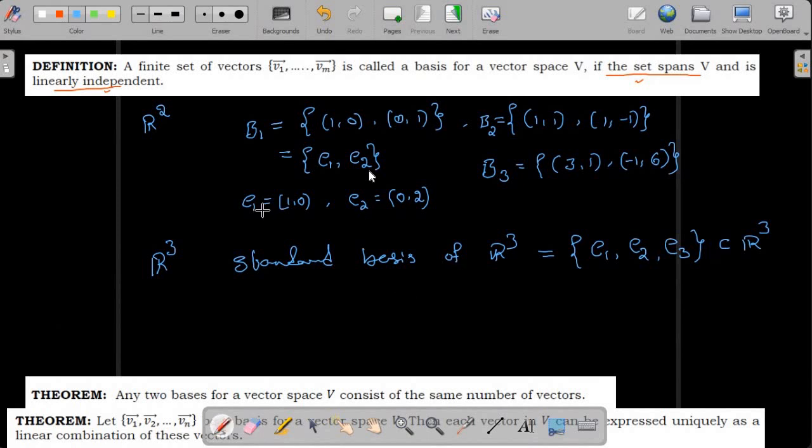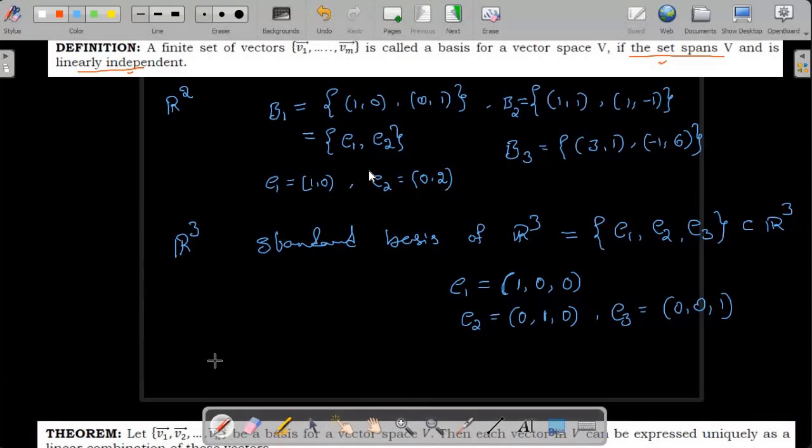In the earlier case, E1 meant (1, 0), but in this case, E1 is a triple for which the first element is 1, the rest of the elements are 0. E2 is also a triple, the second element is 1, the rest are 0. Similarly, E3 is (0, 0, 1).